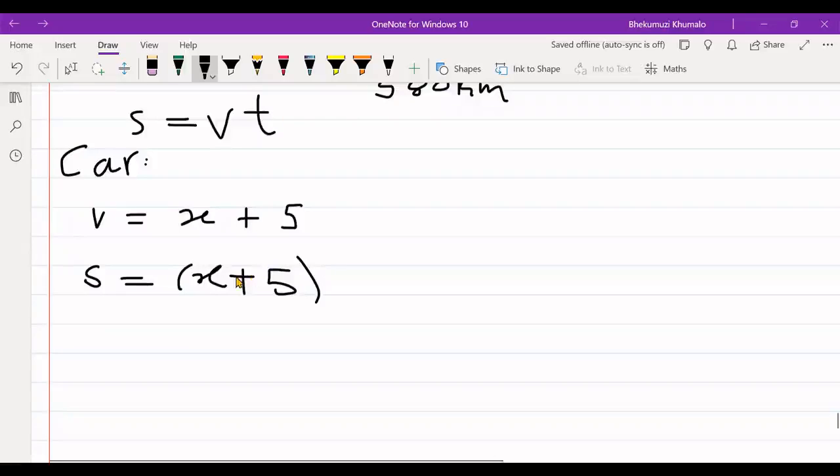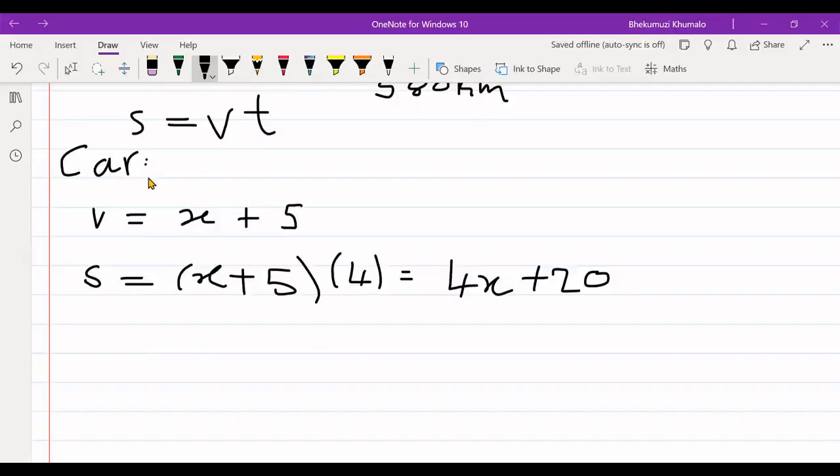So it's v, which is x plus 5, times t, which is our 4, right? Let's simplify this early. So this would be 4x plus 20. Okay, that's for the car.